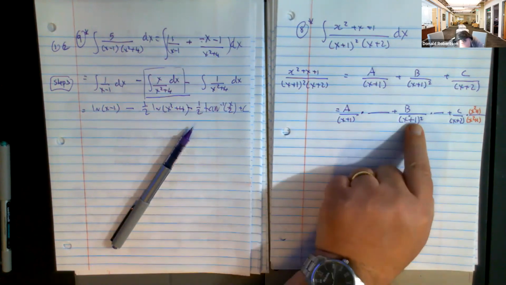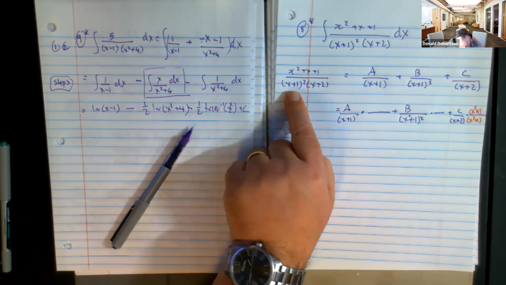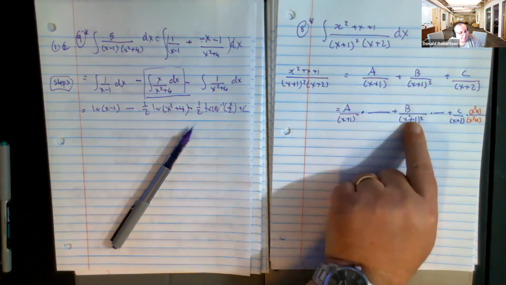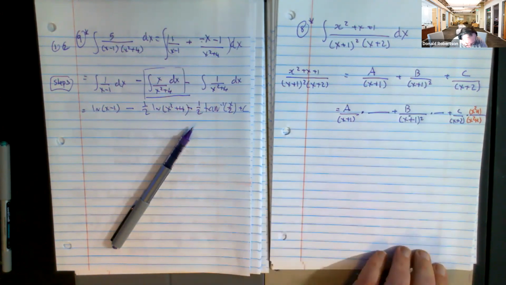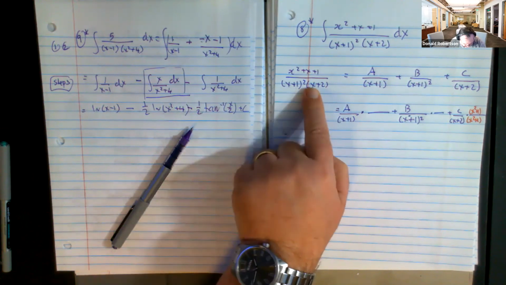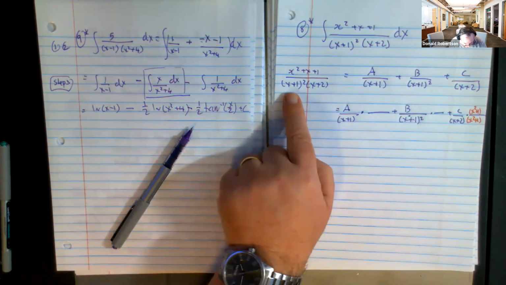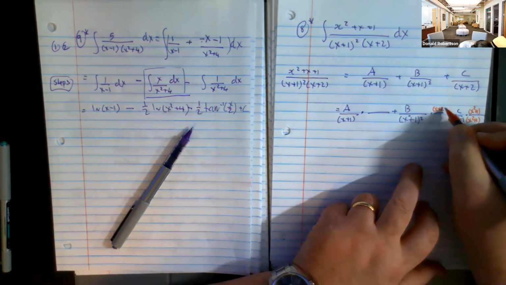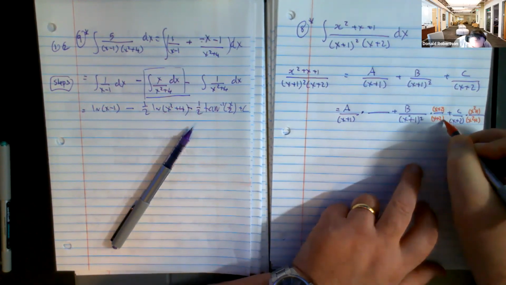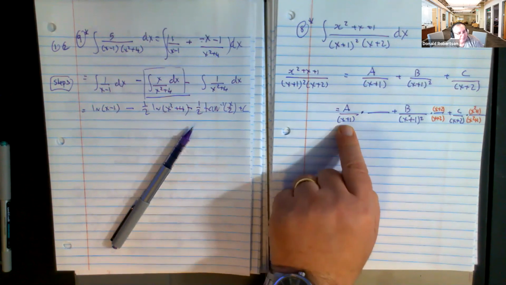Okay, the middle one has got an x squared plus 1. So what's this middle term missing? This one here. X plus 2. So that's the special version of this one. Now, the hardest one you probably get is the last one.